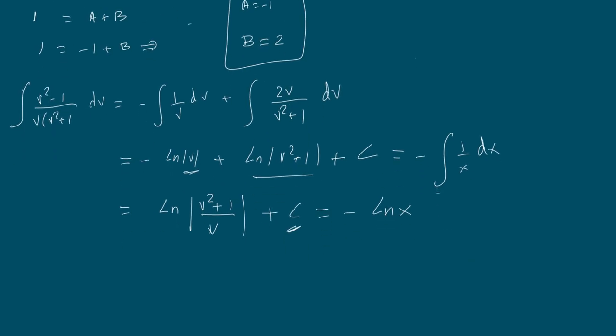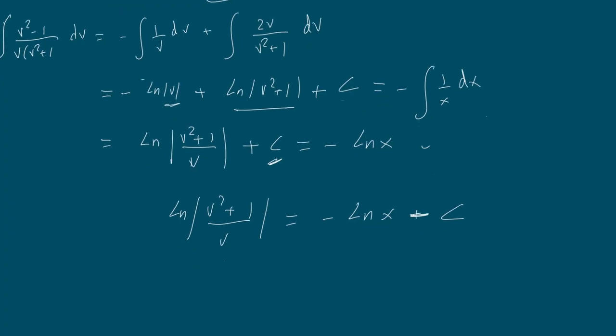Okay, so how will we find v? The natural log of (v squared plus 1) divided by v should be equal to minus the natural log of x plus c, or minus c, it doesn't matter, it is a c.